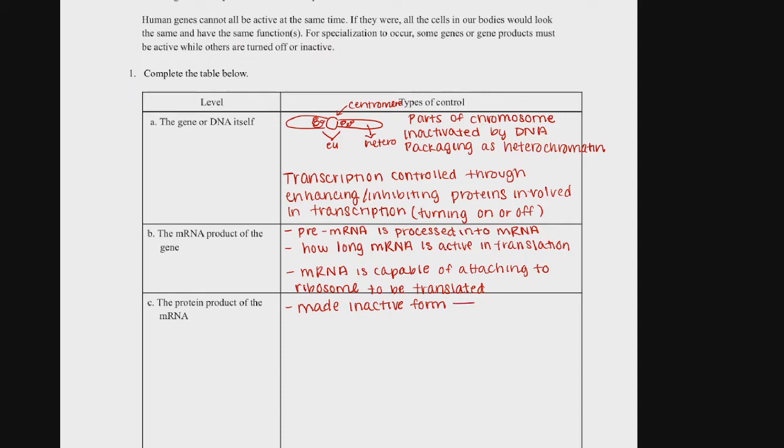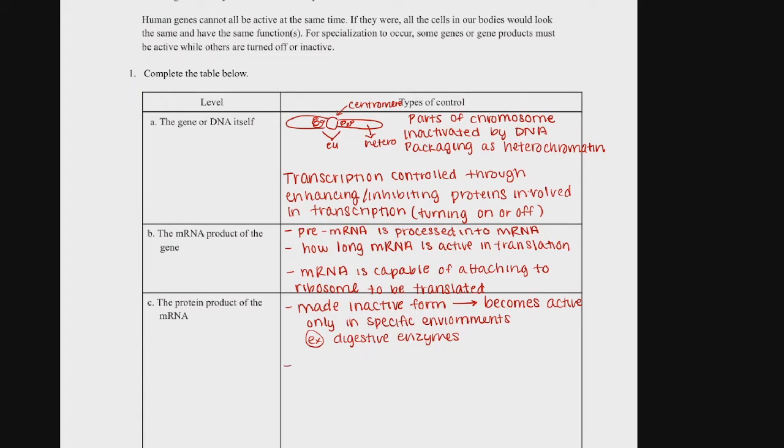Its inactive form becomes active only in specific environments. An example of this is digestive enzymes. They're usually inactive when they're produced, but when they get to the pH that they like, which in the stomach is very low, an acidic environment, is when they become active and can start working.